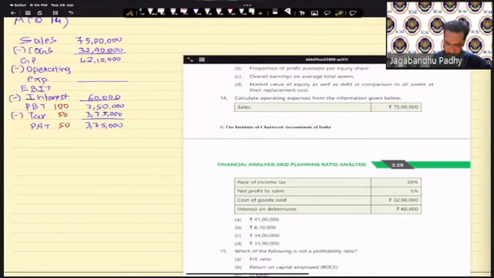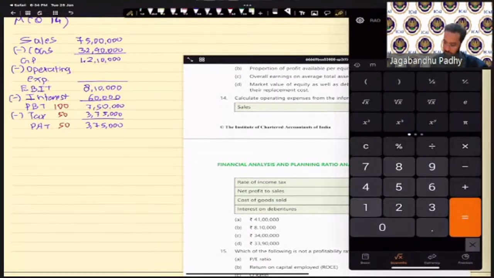Okay, so PBT is 7,50,000, and we have an interest of 60,000. So if this is 60,000, how much will be EBIT? We just need to backward calculate it, which is 8,10,000. Now, with this 8,10,000 EBIT, again we need to do a bit of backward calculation and find out the gap, the balancing figure.